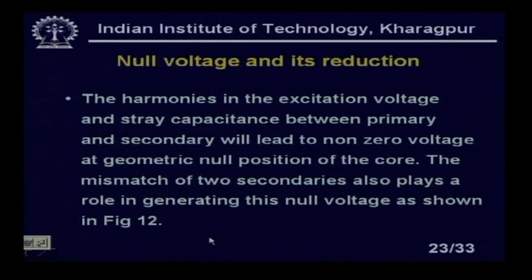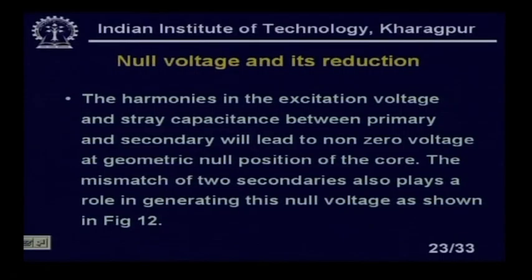Now, another thing. Even though I said that in the LVDT the two secondaries are exactly identical, it is absolutely difficult to make two secondaries exactly identical, and harmonics also will be present in the secondaries, right.